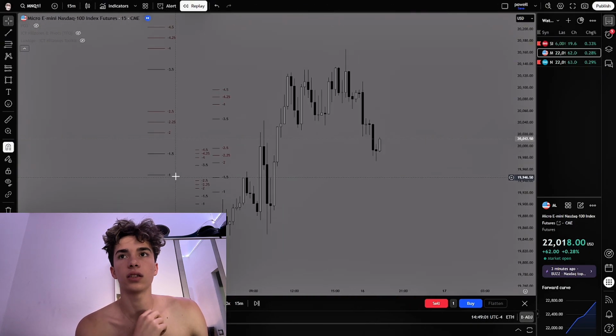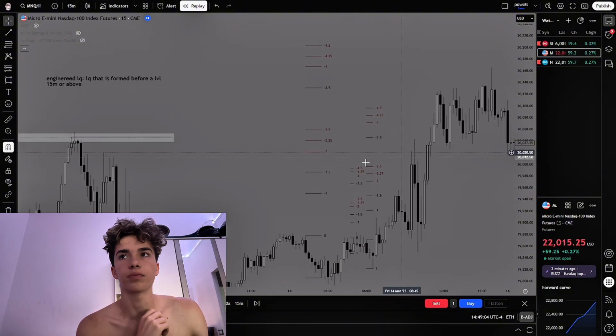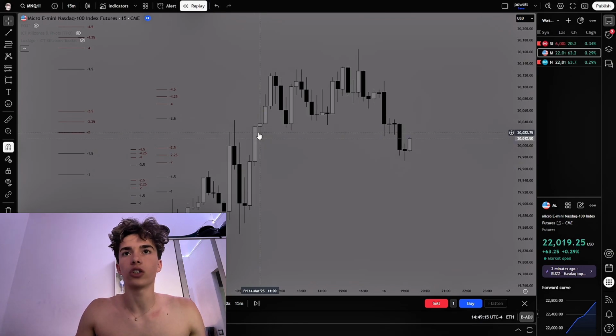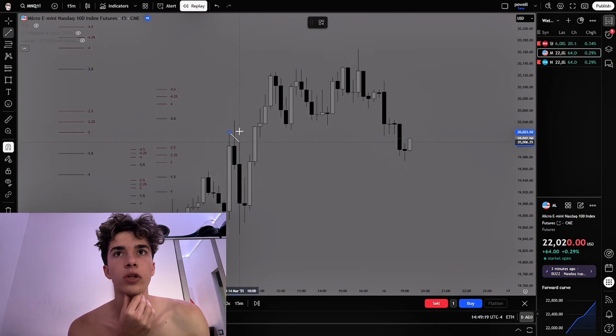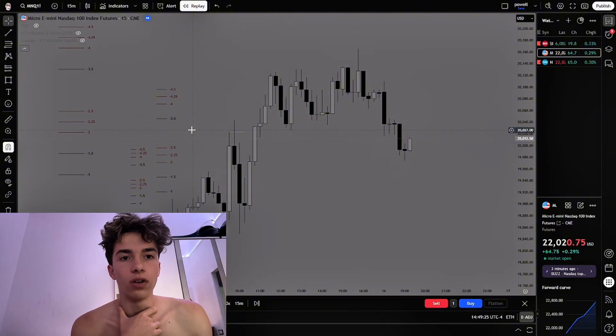In this case, we had this standard deviation. We touched this level. This is our engineered liquidity. Why? Because it's liquidity and it's on a level.